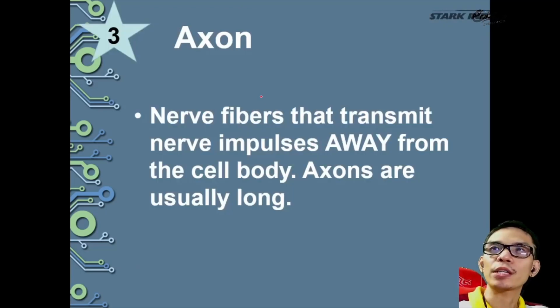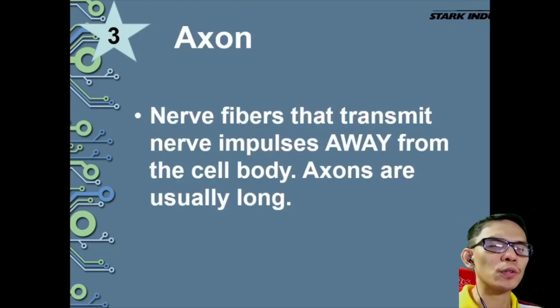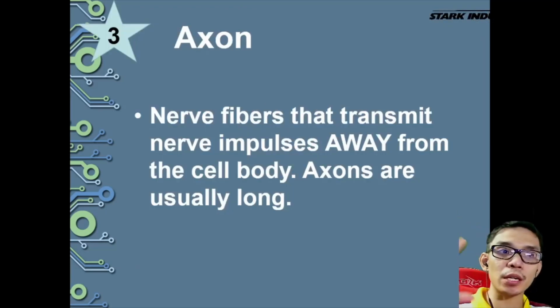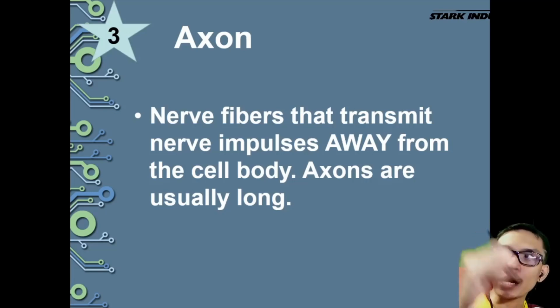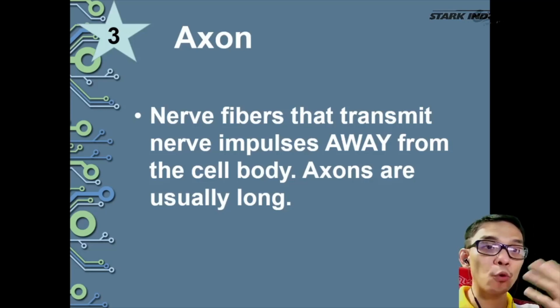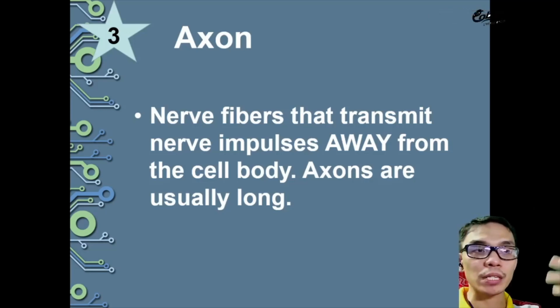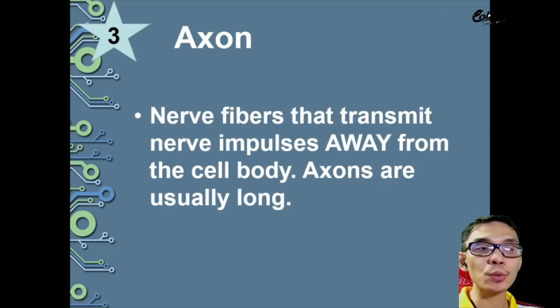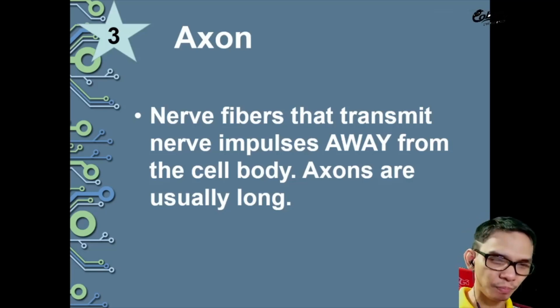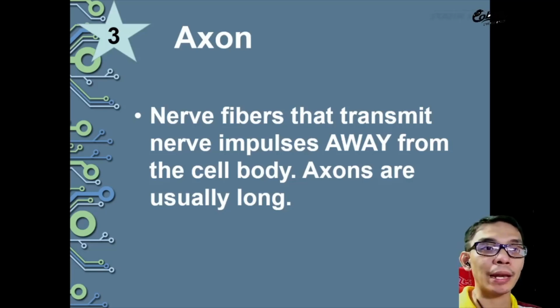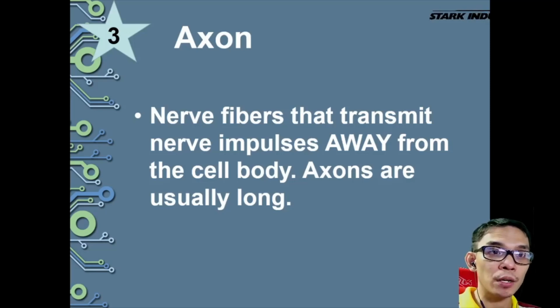Next one, we have the axon. So what is an axon? An axon is a part of the nerve fibers that transmit the nerve impulses away. If the dendrons are towards the cell body, this one is away from the cell body. Usually axons are the ones that contribute to the length of the neuron.